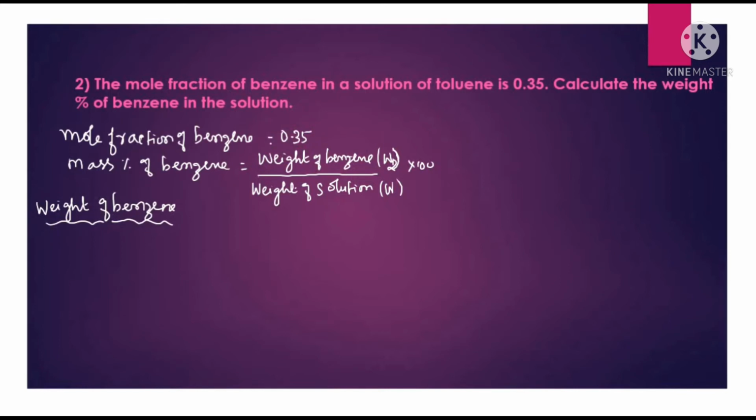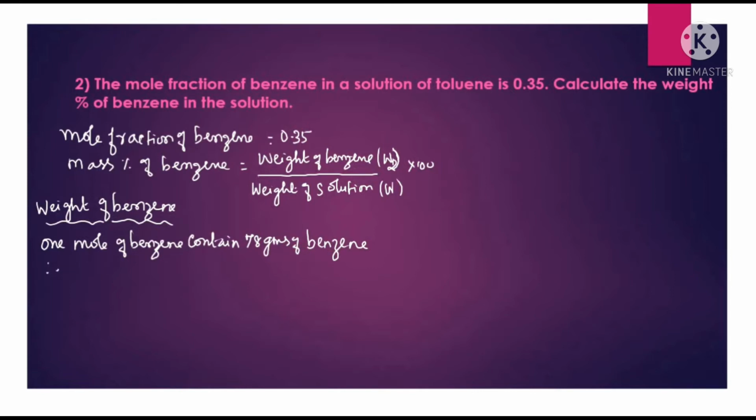So, normally 1 mole of benzene contains 78 grams of benzene. From where do you get this 78 grams? See, it's nothing but the molecular mass of benzene. 1 mole of benzene contains 78 grams of benzene.